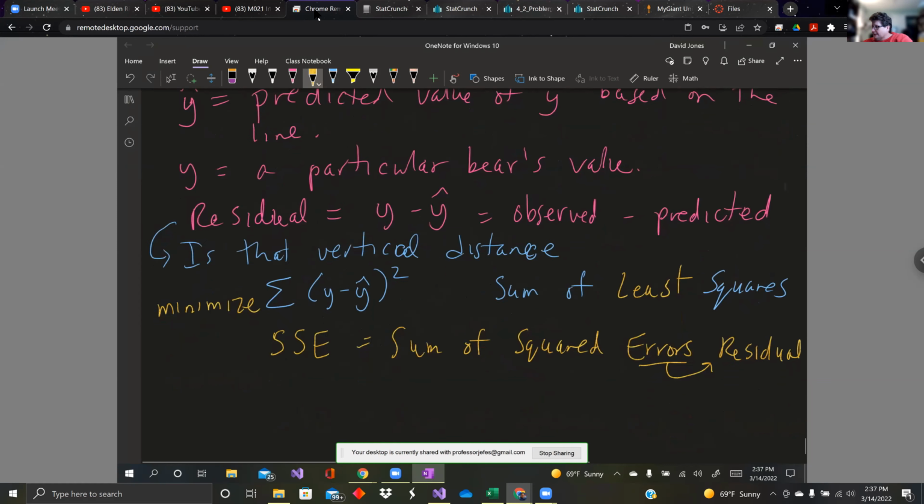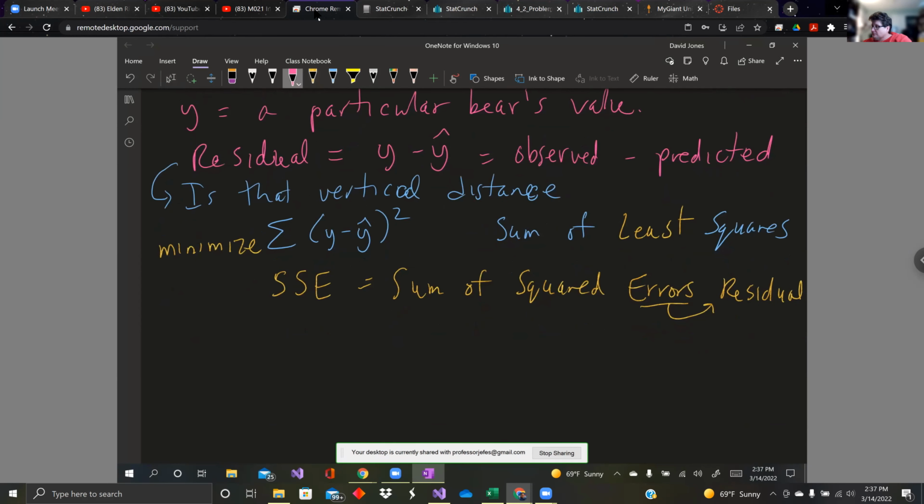So on our bear line, the bear line gave us Y equals 1.69x minus 142.471.